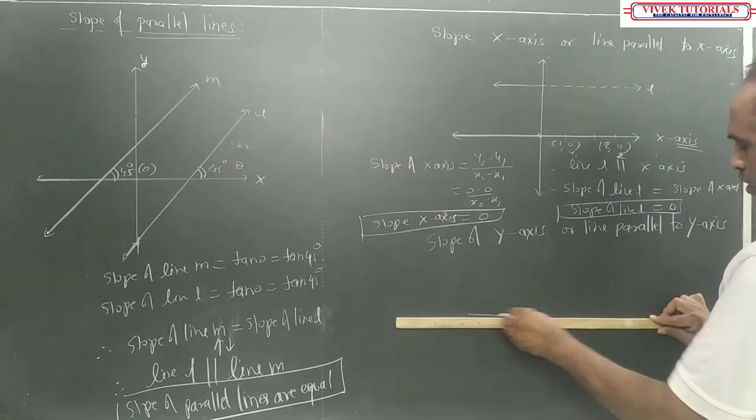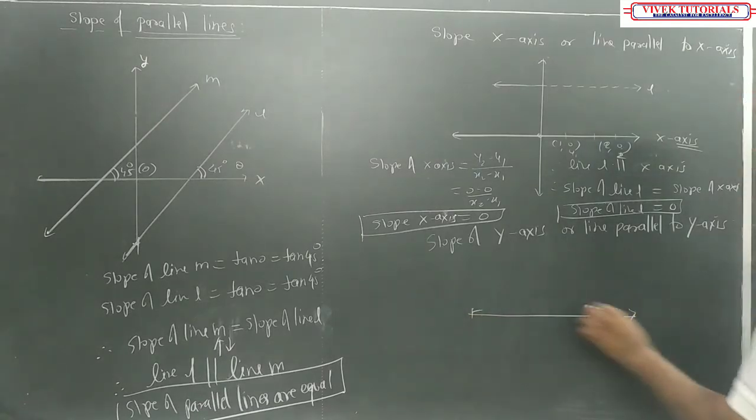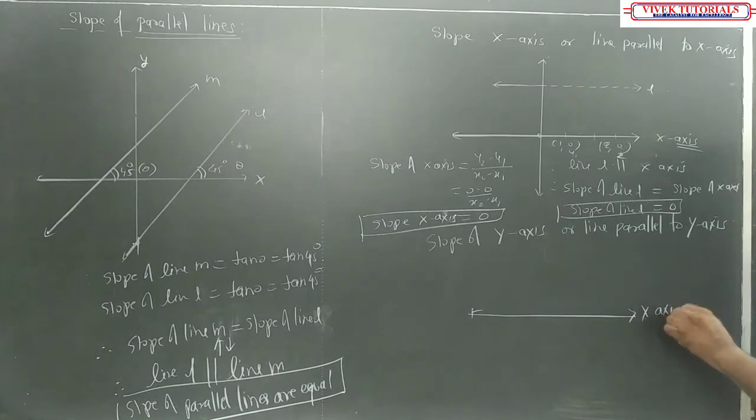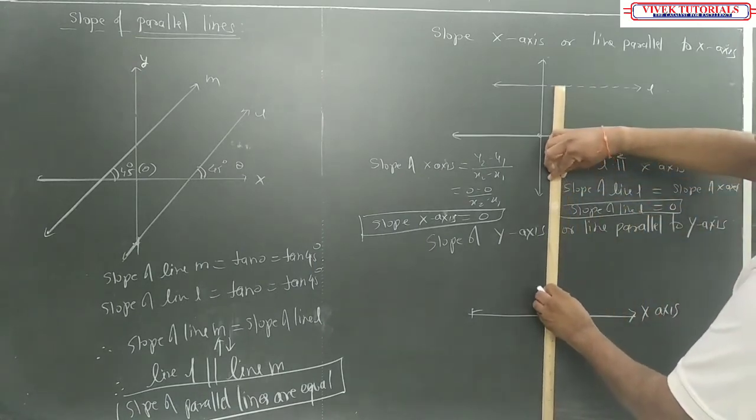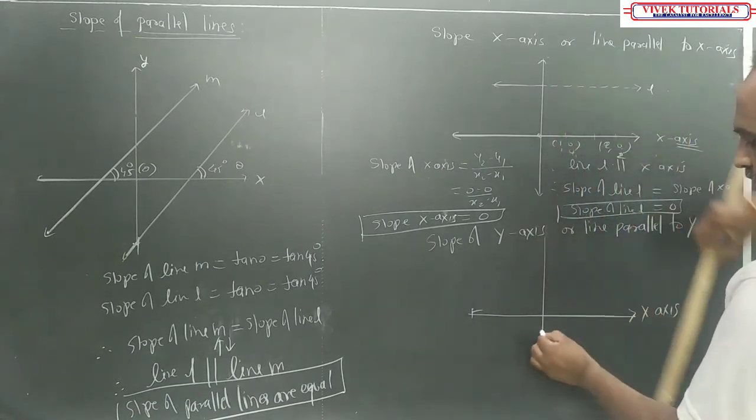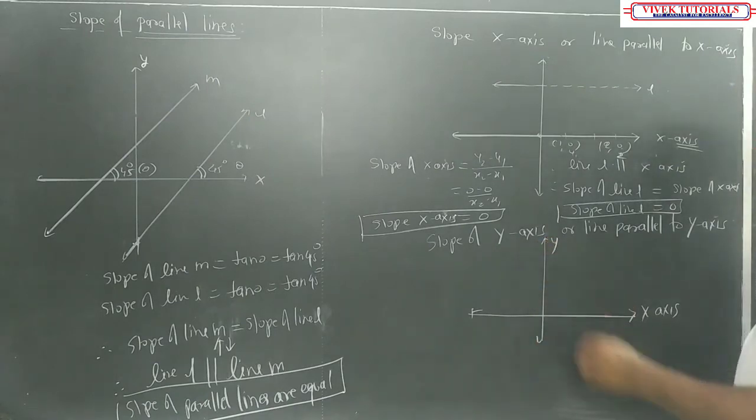Now slope of y-axis. For that we are going to draw this x-axis, and this one is y-axis, is it right?